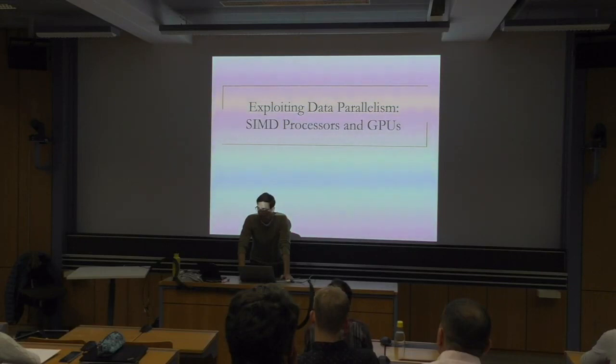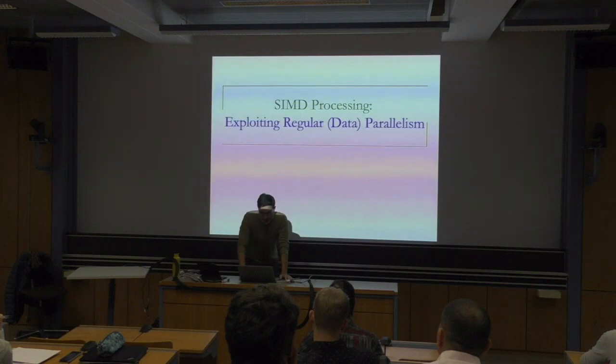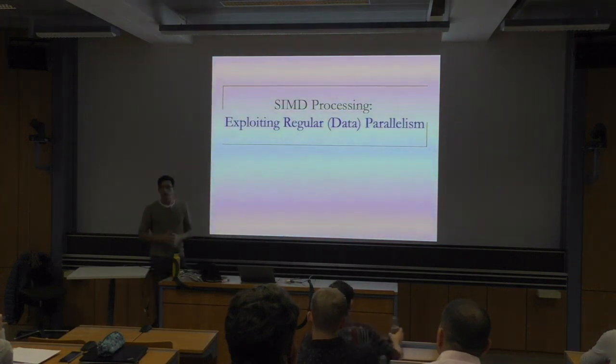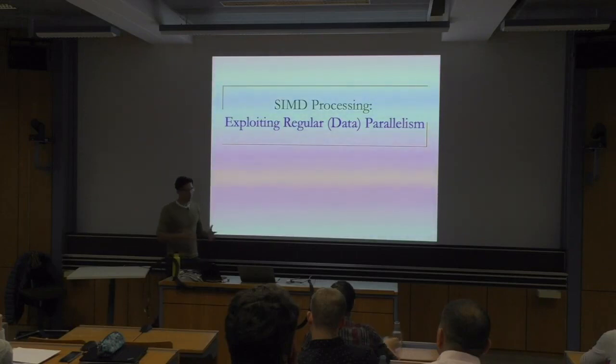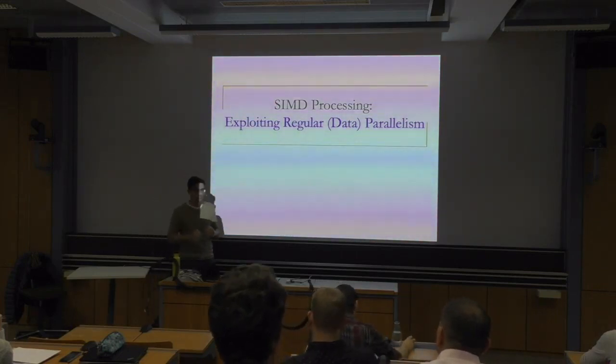But as you will see, this is not the only thing we can execute, for example in GPUs, where we can also have some sort of task parallelism. We will talk about that later. In principle, this is data parallelism, and these machines are especially good when this data parallelism is regular, okay?